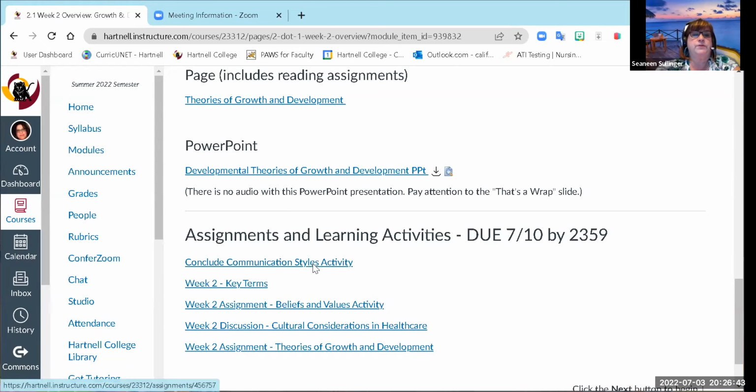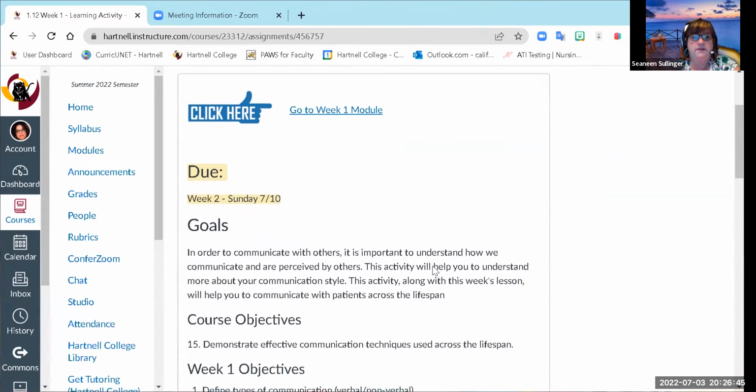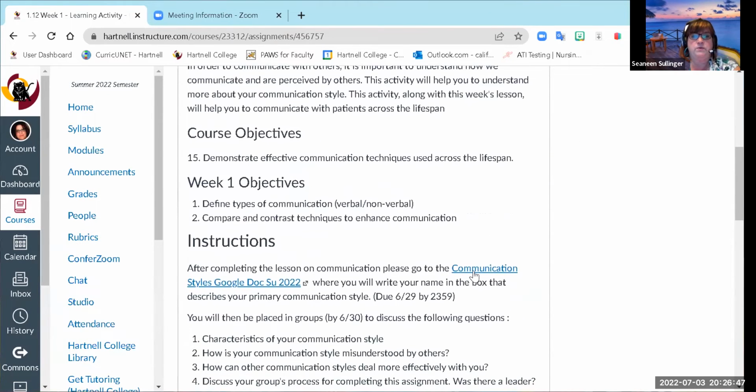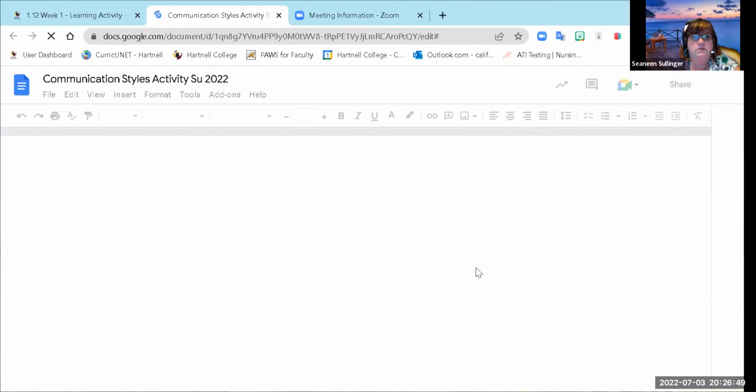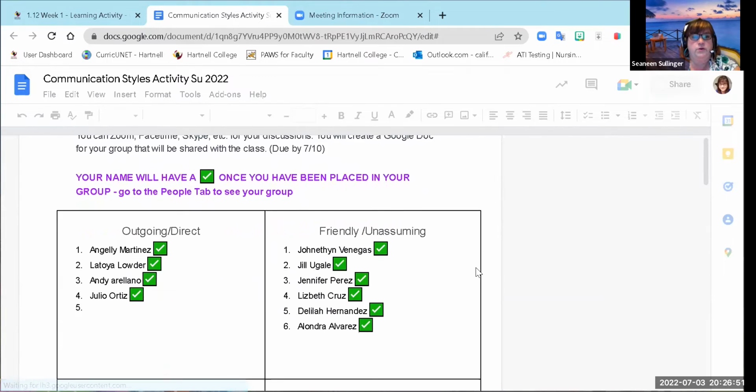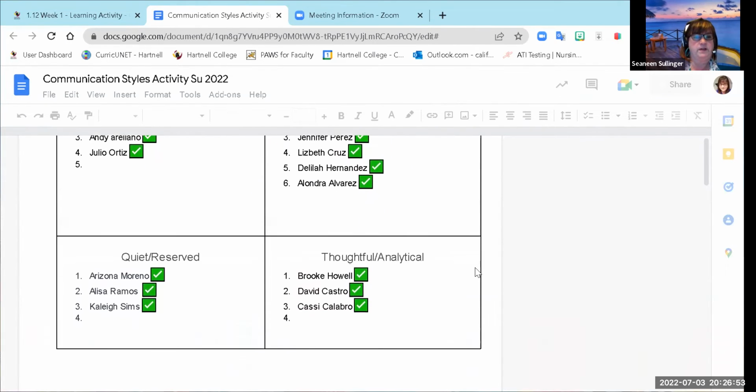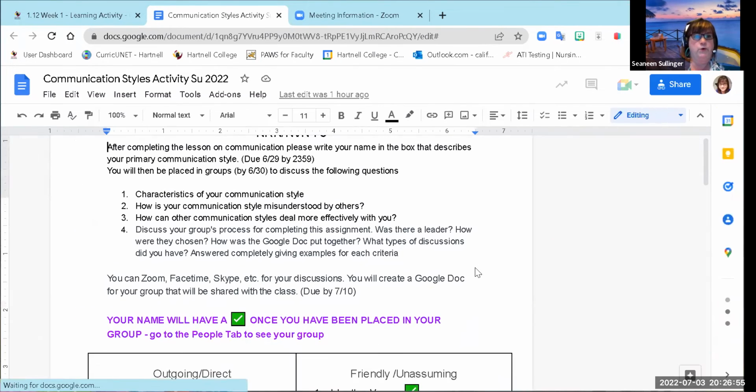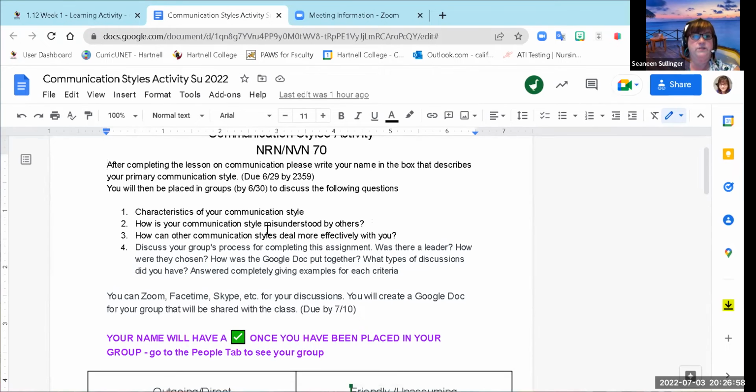Remember also to conclude the communication styles activity, where you went to the Google Doc and added your name into the different categories. And then your group is supposed to get together to discuss and answer these questions. One person will then submit the assignment for the group, and then you will receive your grade.